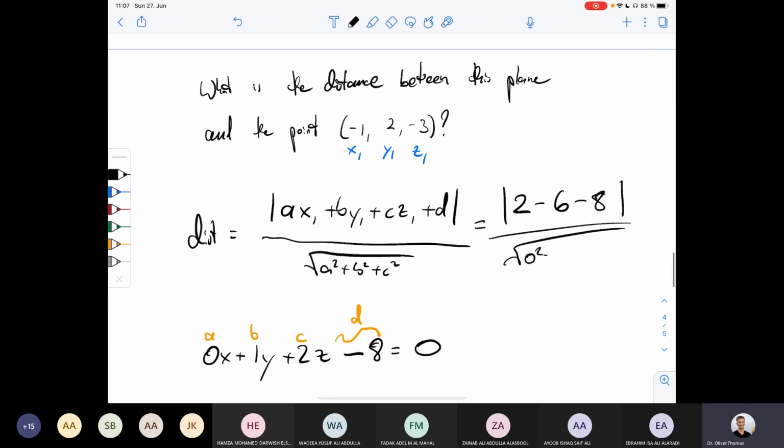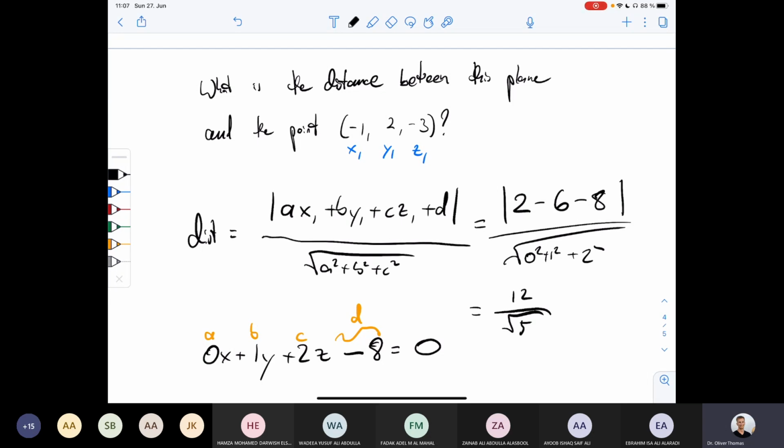So this is 0 squared plus 1 squared plus 2 squared, which is 4. The top is -4 minus 8 is -12, so this is 12 over the square root of 5. And that's the distance then.